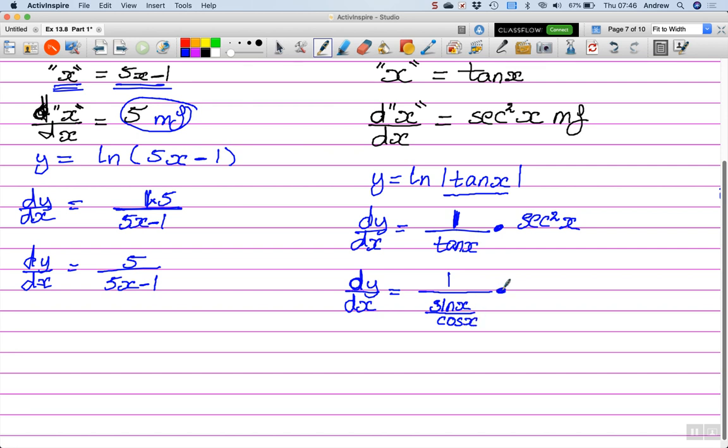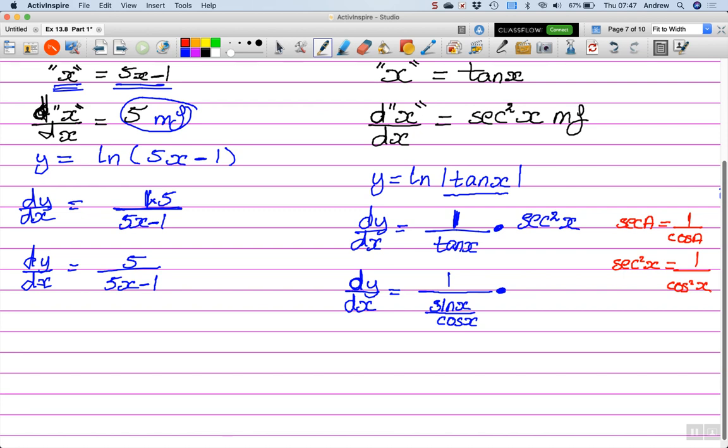And that's going to be multiplied by sec squared. And if you go to the formula book, you will see, again on page 13, that sec a is equal to 1 over cos a. So sec squared x will be 1 over cos squared x.